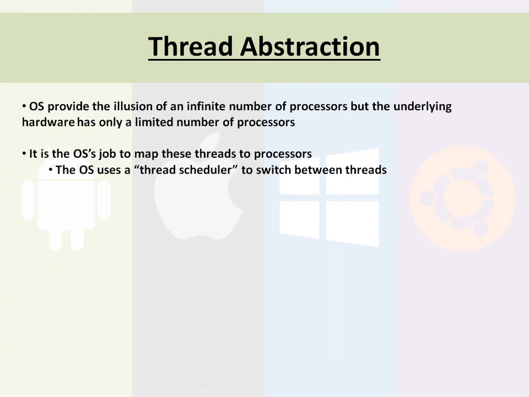So our operating system provides the illusion of an infinite number of processors, but the underlying hardware only has a limited number of processors, right? And it is the operating system's job to map these threads to processors. Now, the operating system also uses a thread scheduler, exactly the same concept as the scheduler that we looked at last week, and it uses this scheduler to switch between different threads.